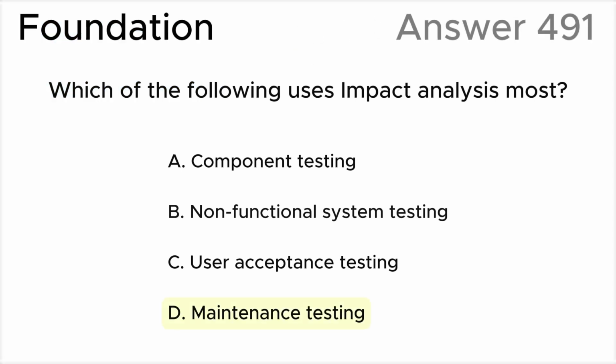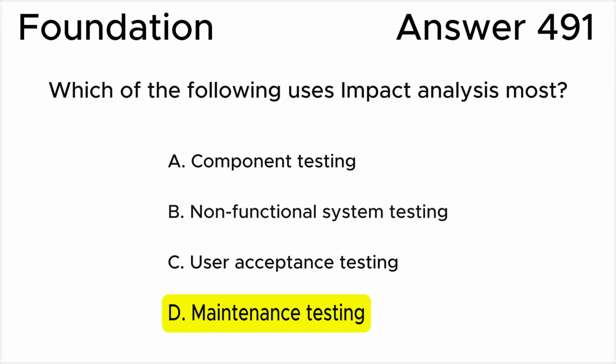Correct answer is D, according to ISTQB Syllabus. Impact analysis is most frequently used in maintenance testing, because maintenance testing involves changes to an already operational system, e.g. bug fixes, enhancements, migrations, or patches.